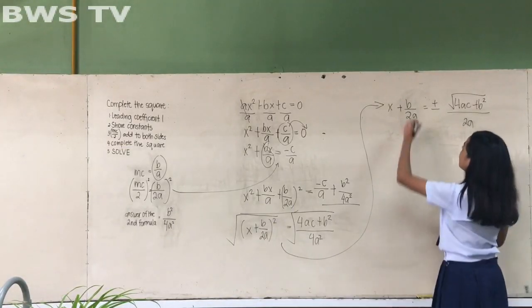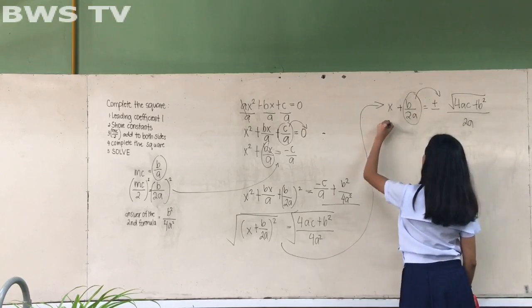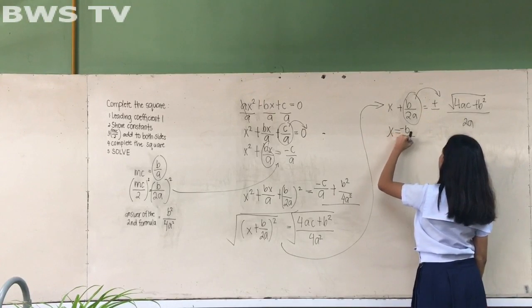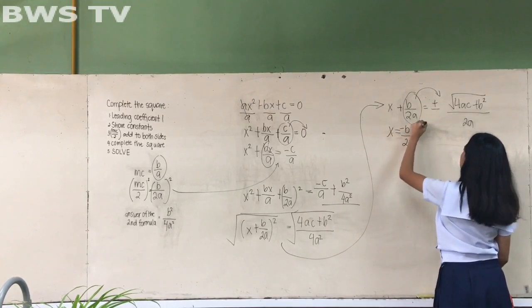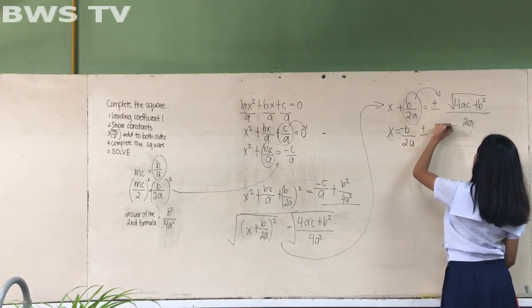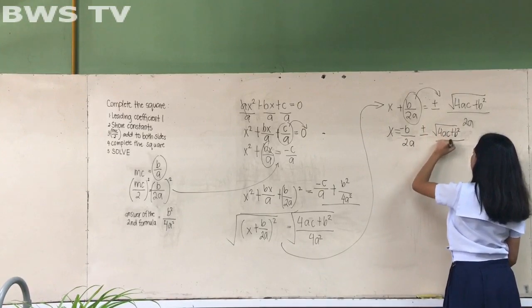Then we are going to transpose this term to the other side. It will become x is equal to negative b over 2a positive negative square root of 4ac plus b squared over 2a.